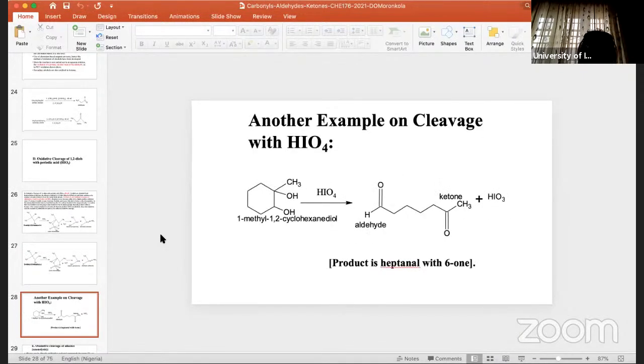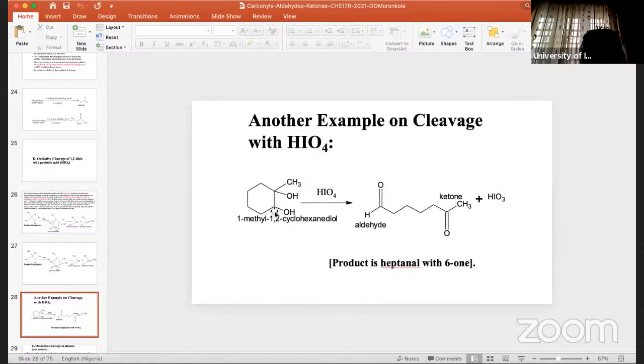Now, another example, utilizing that same periodic acid, is a cyclic 1,2-diol, which is 1-methyl-1,2-cyclohexanediol. Now, the cleavage will be here. Notice that this carbon is not linked to any hydrogen, and that is what is responsible for the ketone end of that cyclic structure that has cleaved.